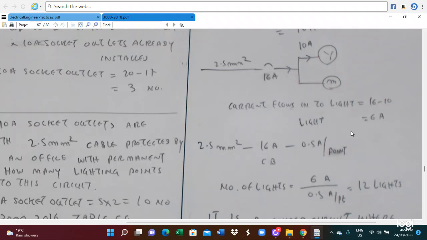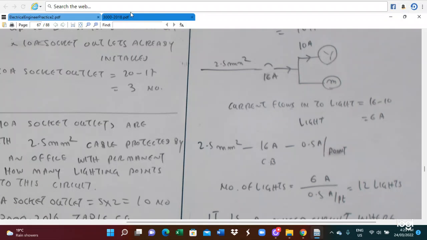The additional capacity available is 6 ampere, because the socket outlets have already taken 10 ampere. So the total available is 16 minus 10, which leaves 6 ampere. How many lighting points can be installed with this 6 ampere? You can see it in this table for the lighting point calculation.